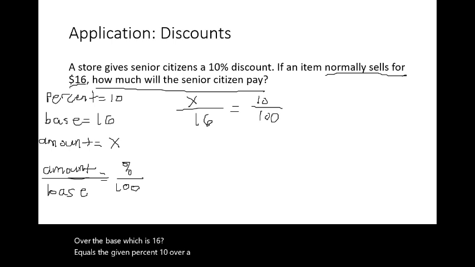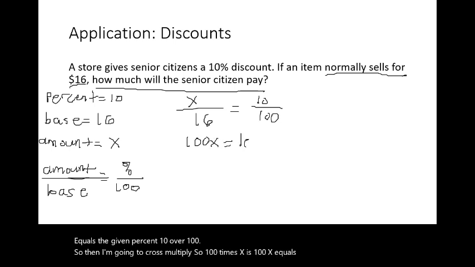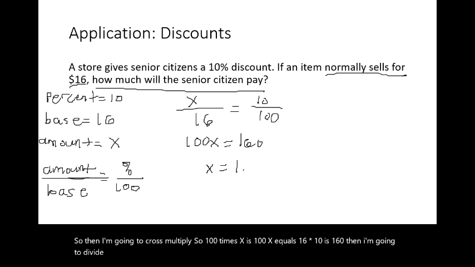Then I'm going to cross multiply, so 100 times X is 100X, equals 16 times 10 is 160. Then I'm going to divide both sides by 100, and I get X equals 1.6. Now this is not what the senior citizen pays. This 1.6, or $1.60, is the amount of discount.